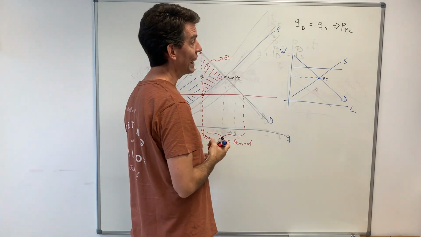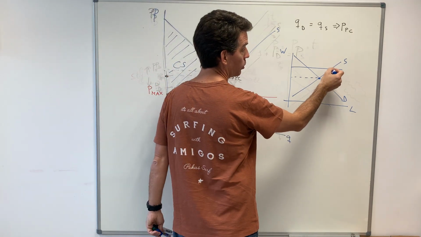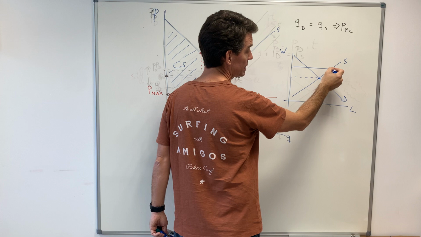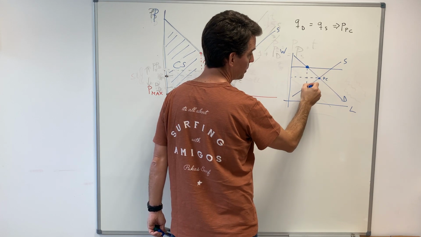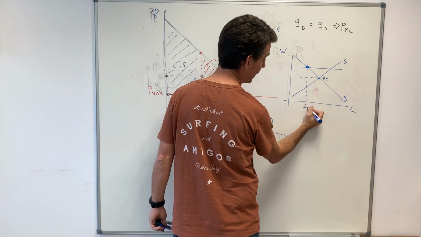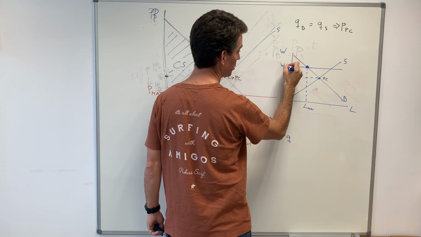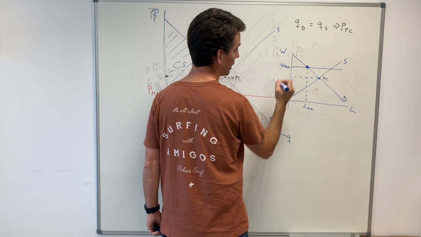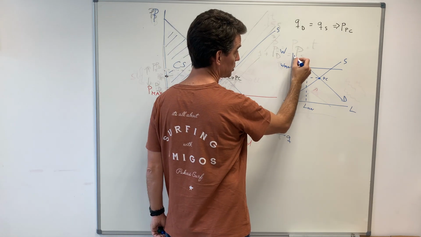And of course, at that higher price than competition, workers would like to supply all this much, however, companies would only hire these people. So this would be labor under a minimum wage. The minimum wage will be higher than under perfect competition, but of course that is going to create the consumer surplus.